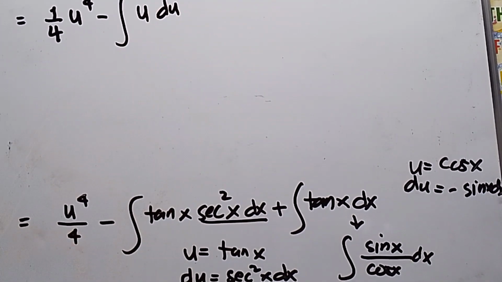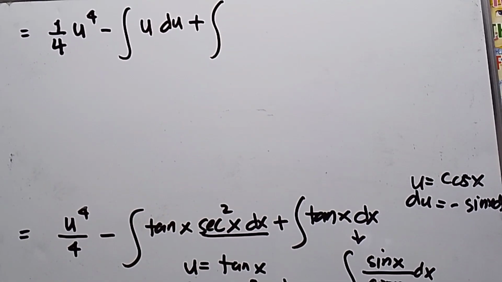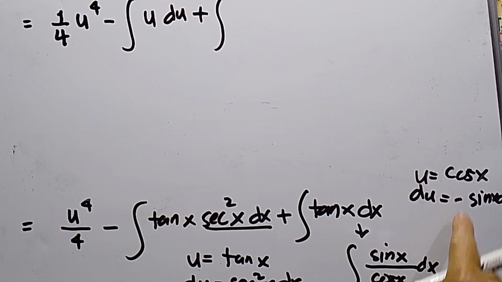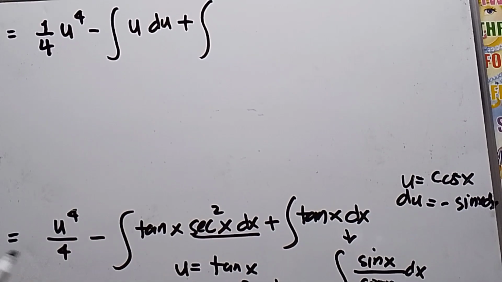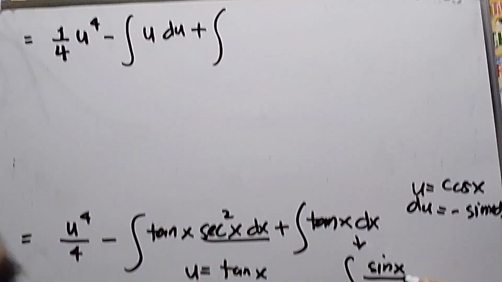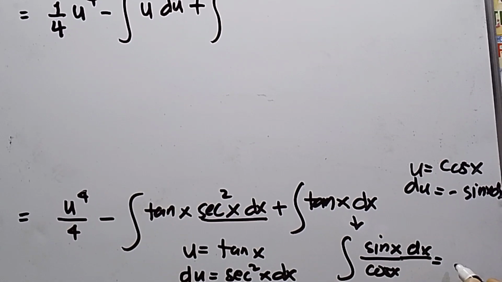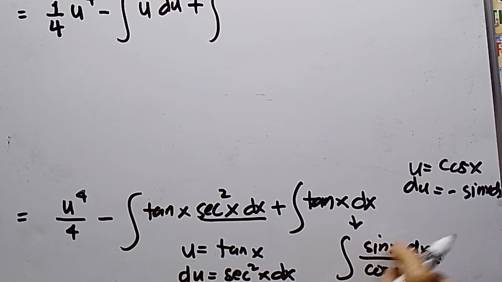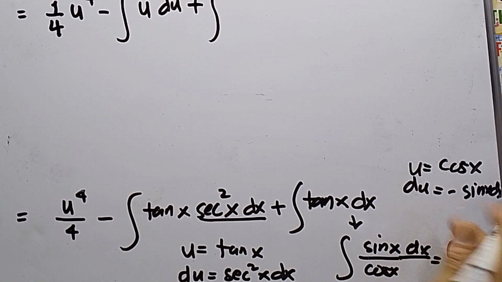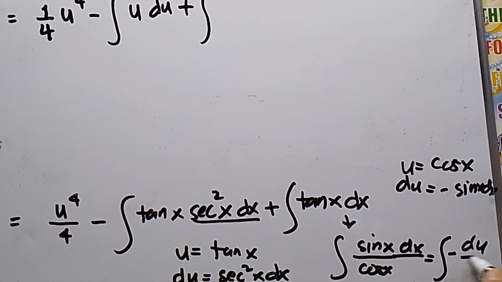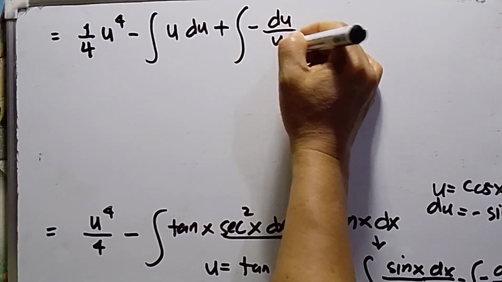Then plus integral of, since my u is cosine, and then sine x dx, cosine is u, then this one is du. So I have negative du over u. So this will be minus du over u.